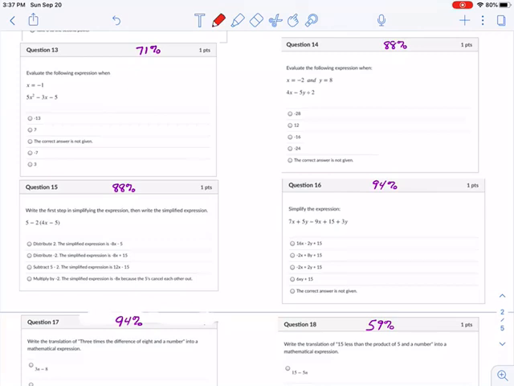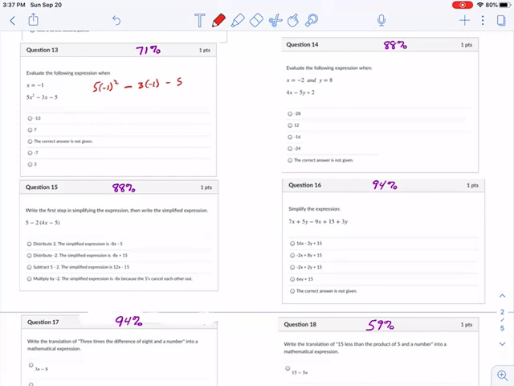13, evaluating this. This is typically a difficult problem because of the negative signs and the multiplication and the exponent. So you have 5 times negative 1 squared, then a minus sign, and then 3 times negative 1 minus 5. In order of operations, you have to do the exponent first.